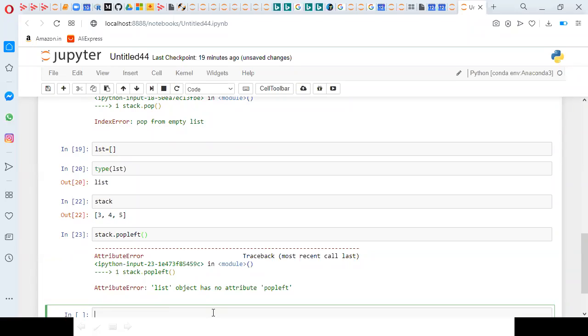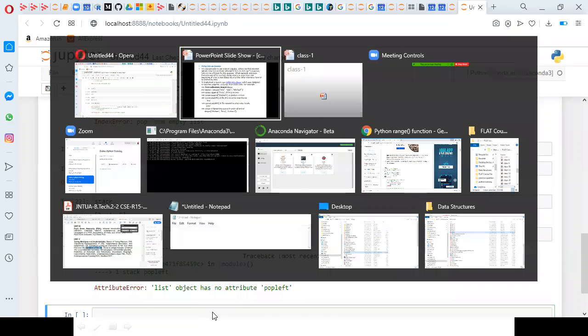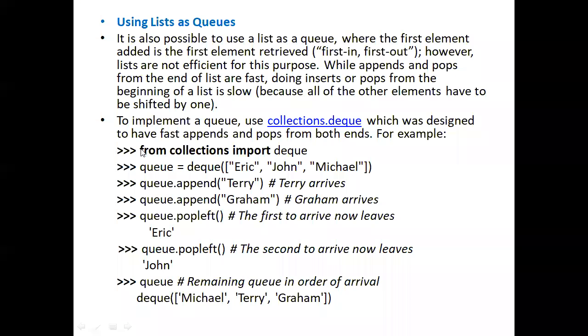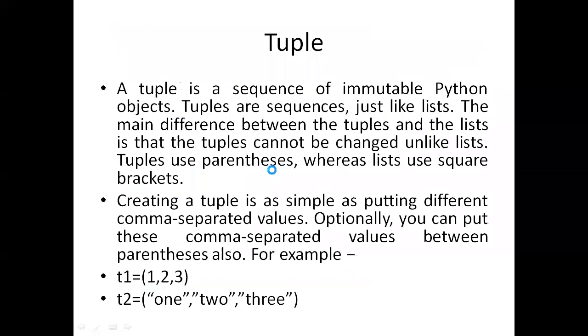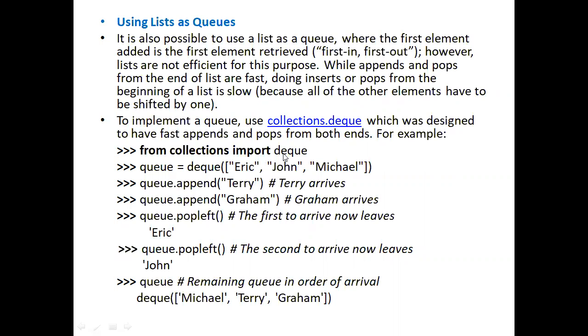So if you want to perform queue operations with a list, go with collections.deque. You need to import DQ from collections, and then convert the given list into DQ. And then you can perform this popleft method.